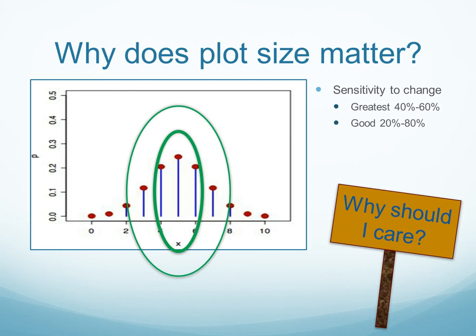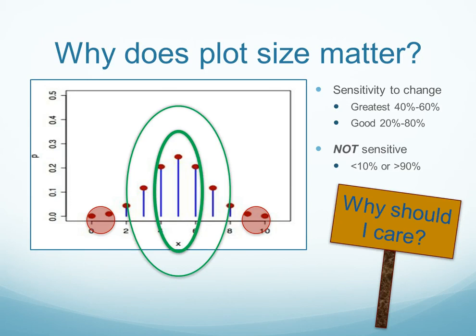We still have very good sensitivity in the range between 20 to 80% frequency. And so we usually state that as the desired range that we want our frequency estimates to occur in.